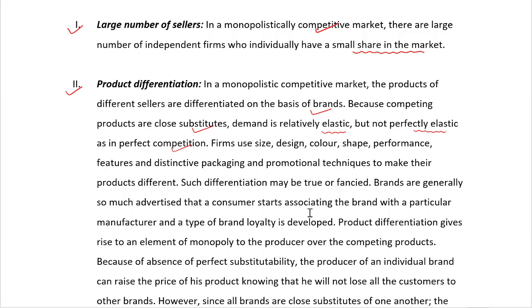Firms use size, design, color, shape, performance, features, and distinctive packaging and promotional techniques to make their products different from each other. Such differentiation may be true or fancied.